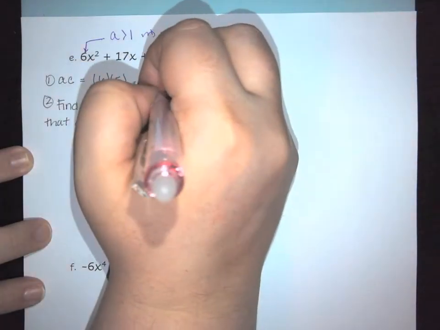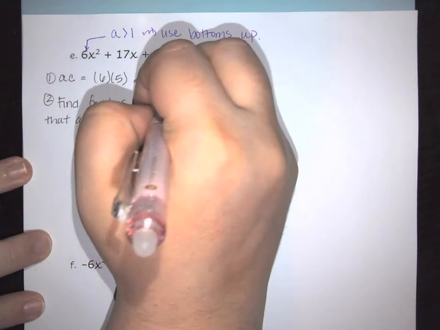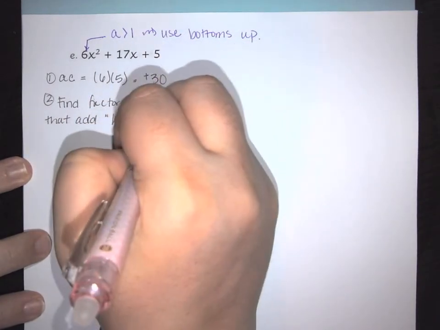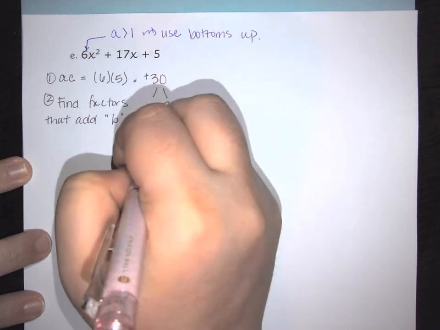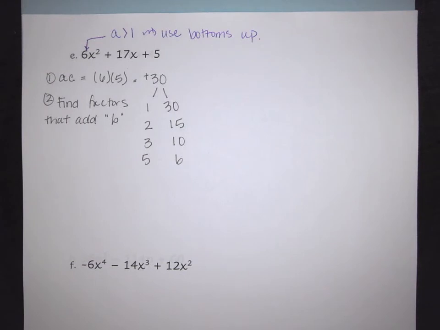So I'm going to look at my factors of 30 here. So I have 1 and 30, I have 2 and 15, I have 3 and 10, I have 5 and 6. So I need to know which combination of these is going to add to 17.